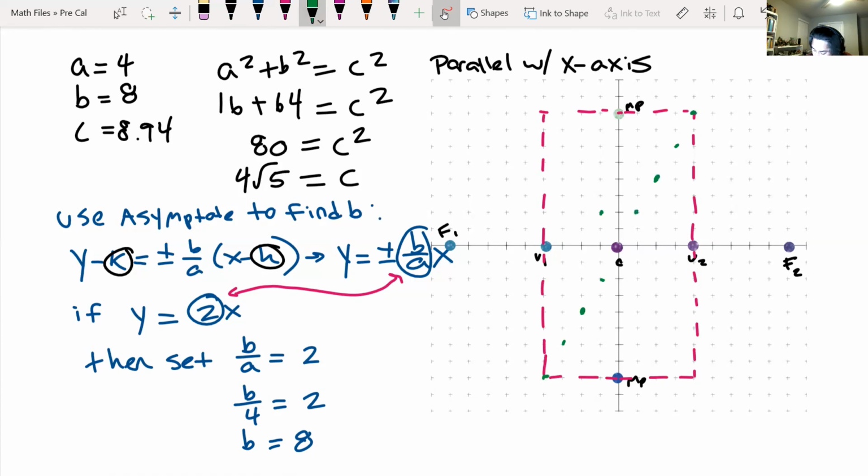Oh, true. No, I got you. Because if they give us an asymptote at 2x, this means we also have an asymptote at negative 2x. There you go. And I would come down like this. I don't think we have to draw the asymptotes, but if we do, that's not too bad.